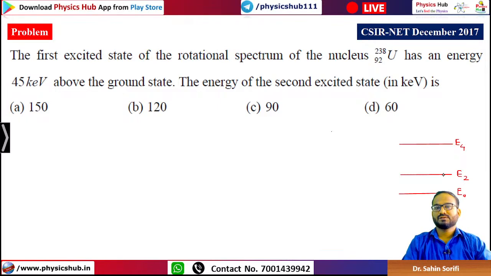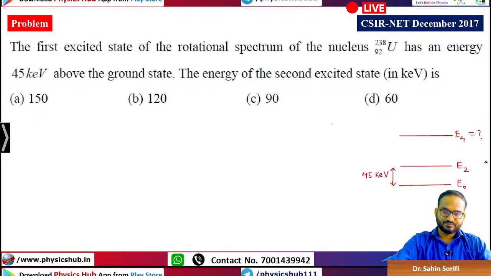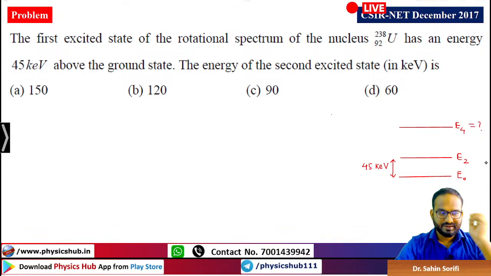First excited state of rotational system has an energy 45 kilo electron volt above the ground state. The energy of the second excited state, so E4 we need to determine. Give it a try.